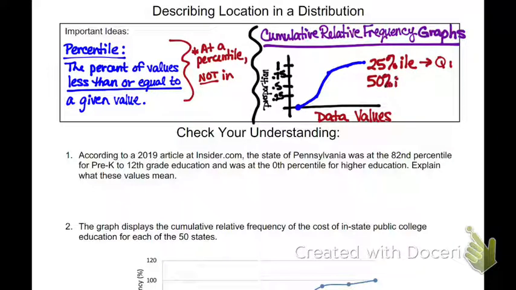The 50th percentile would be the same as what? Median. What other value might I be really interested in from here? 75, because that is what? Q3.